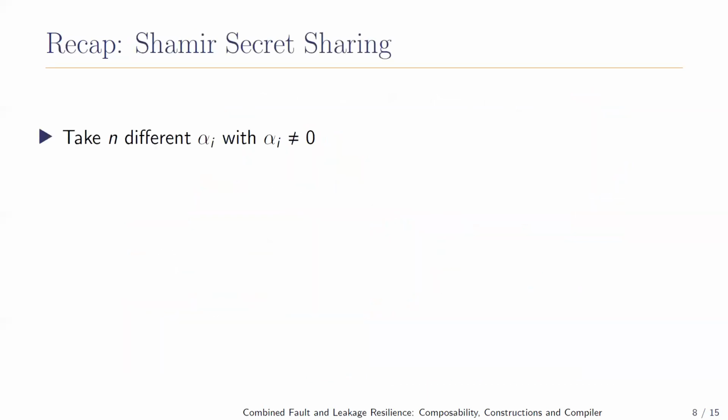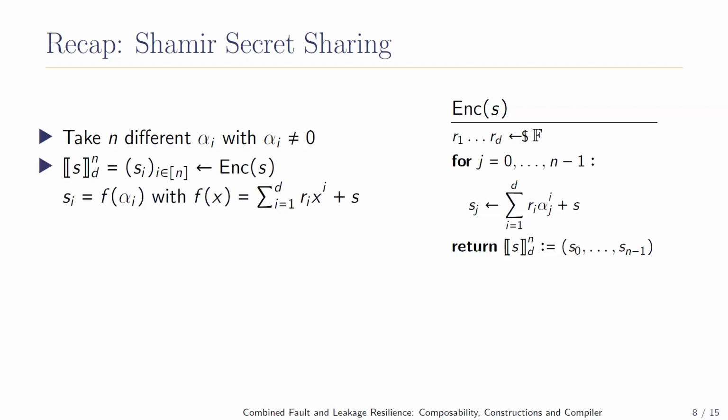Therefore, I just recap the secret sharing. To encode a secret, we just choose a uniform random polynomial of degree d with a constant coefficient s and output n of these function values as the shares. And to decode, we just need to compute the constant term of the polynomial.